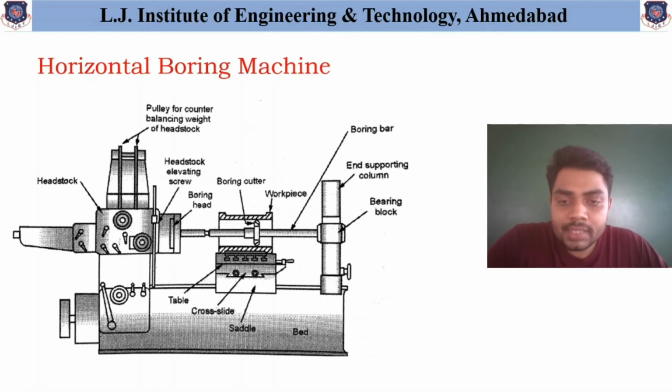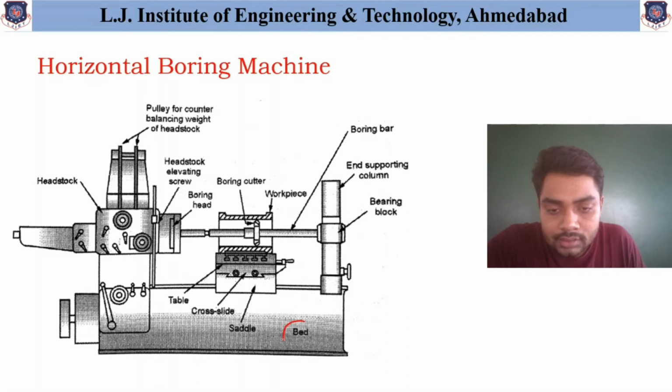Some of the similar parts that you can see in this, we will mark over here. The first part is the bed. And this bed is properly mounted on the floor, and it is used to support all the elements available in this horizontal boring machine.